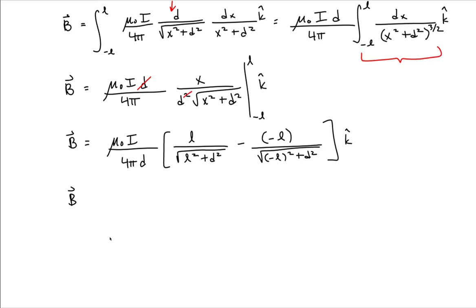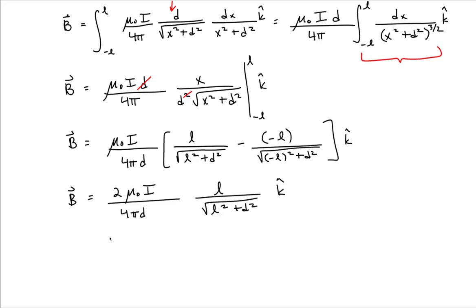I see that we have an L minus a minus L, which is a positive 2L. That gives us 2 in the numerator, so 2 mu naught I over 4 pi d, and we have L over the square root of L squared plus d squared k hat.